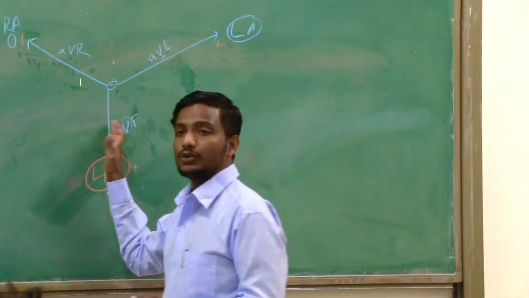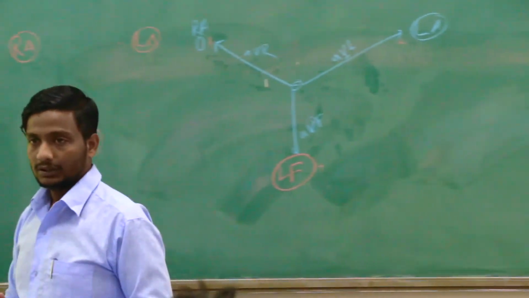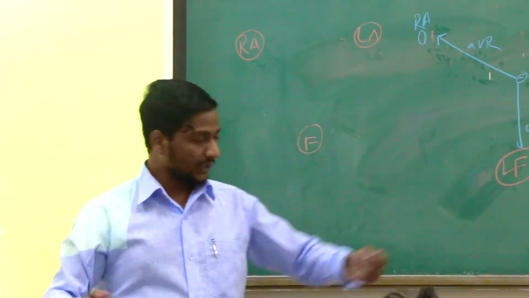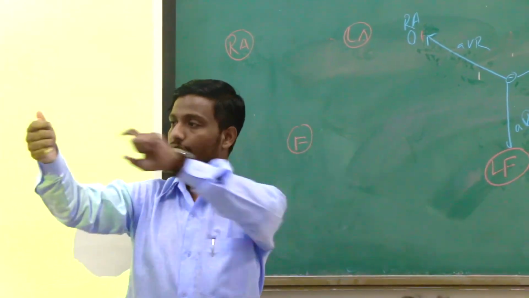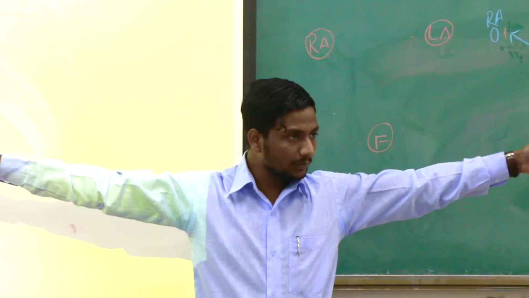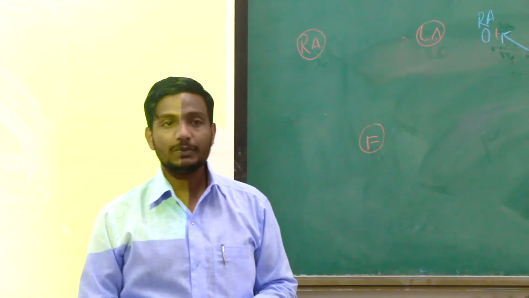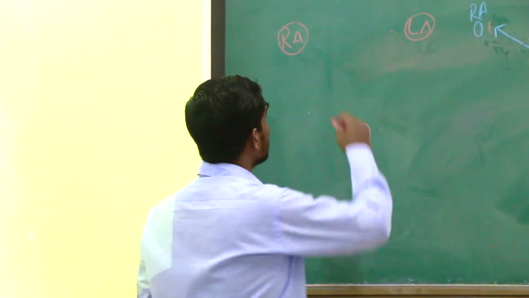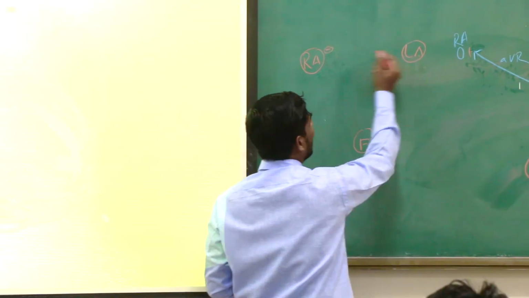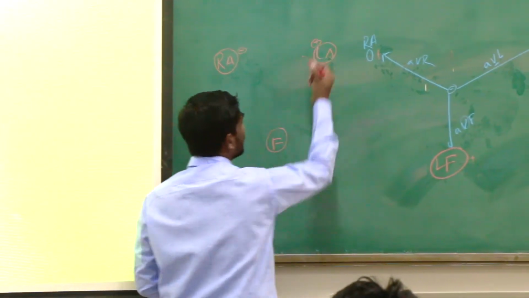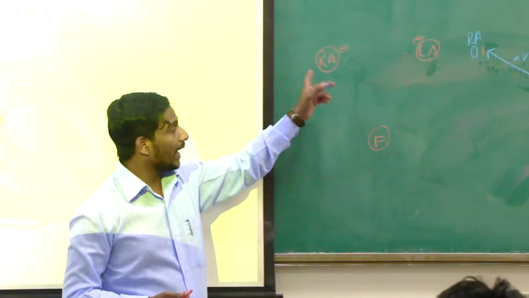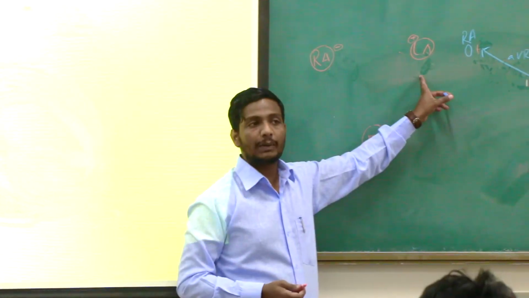But they also can behave as what? Bipolar. And when they behave as bipolar, for example, when the right arm and the left arm are working in combination, the ECG machine has been designed in such a way that the right arm will behave as negative and the left arm will behave as what? Positive. The right arm will behave as negative and the left arm is going to behave as positive.